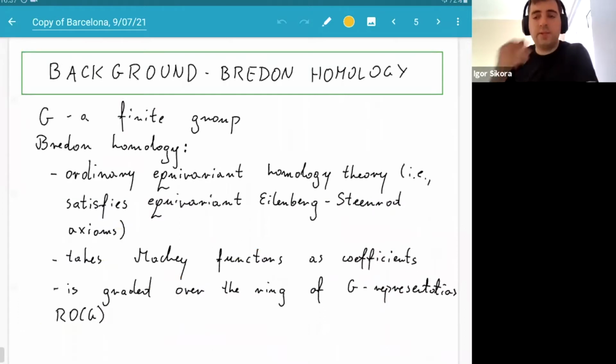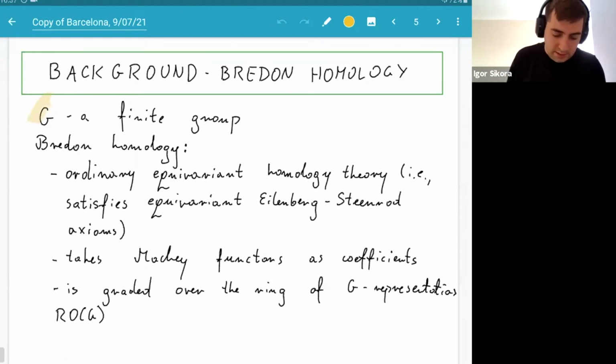So firstly, let's start with a small overview of what Bredon homology is. And instead of giving a definition here, I will just give a couple of properties, or how we should think about this homology. So let G be a finite group.